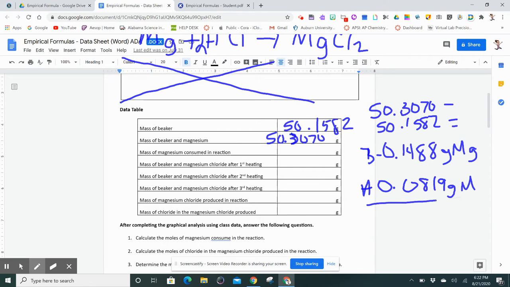If we subtract those two things, that will tell us how much magnesium is consumed in the reaction, how much got used up to make the magnesium chloride, which gives us 0.0669 grams of magnesium. Okay, so that is the amount that gets consumed.